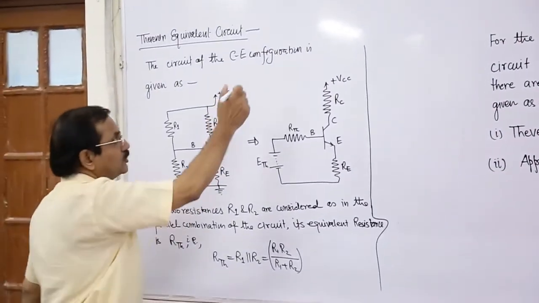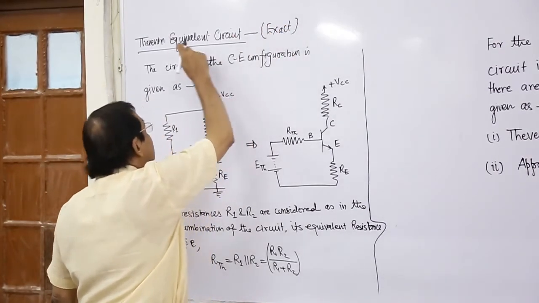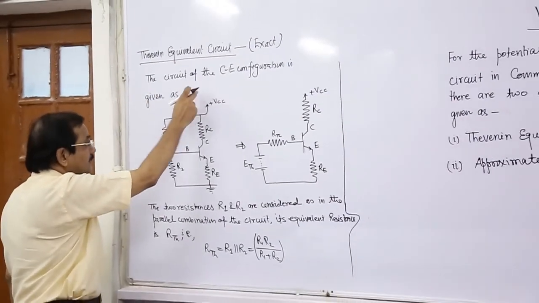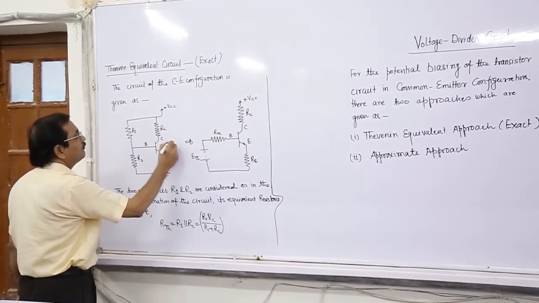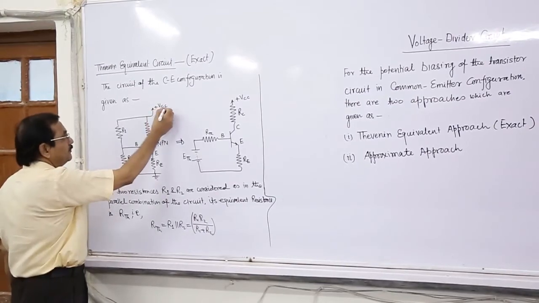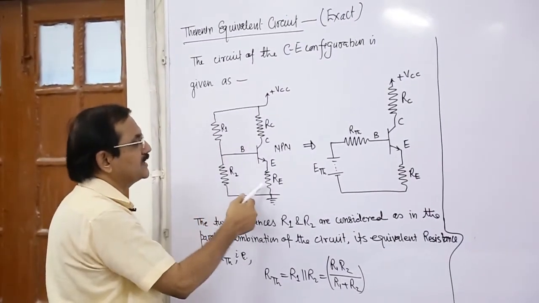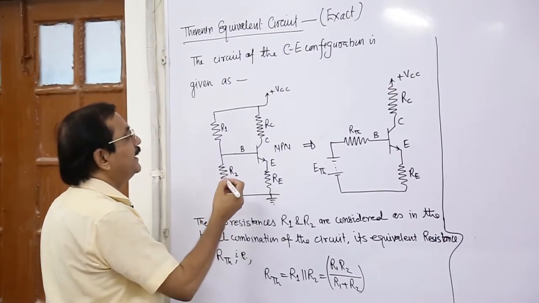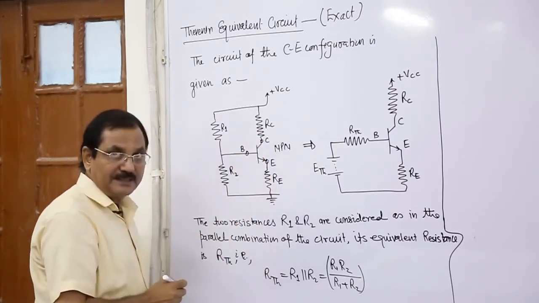The exact approach is Thevenin's equivalent circuit. This is the circuit configuration: an NPN transistor with VCC positive, RC, and R1, R2, two resistances, along with RE, the emitter resistance. Three terminals, base, collector and emitter, are connected here.